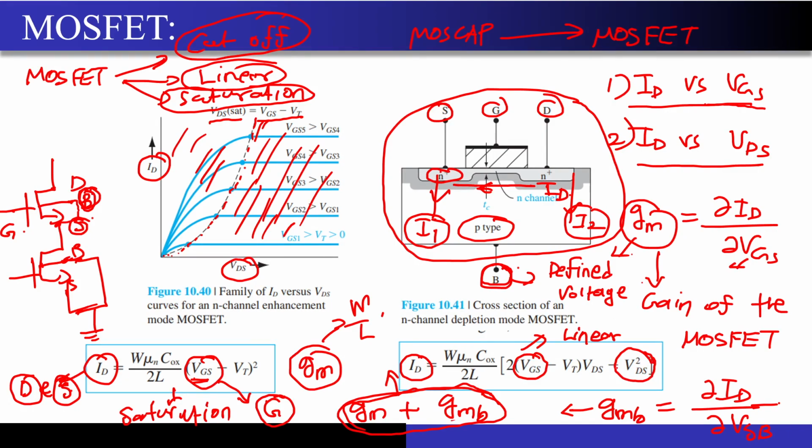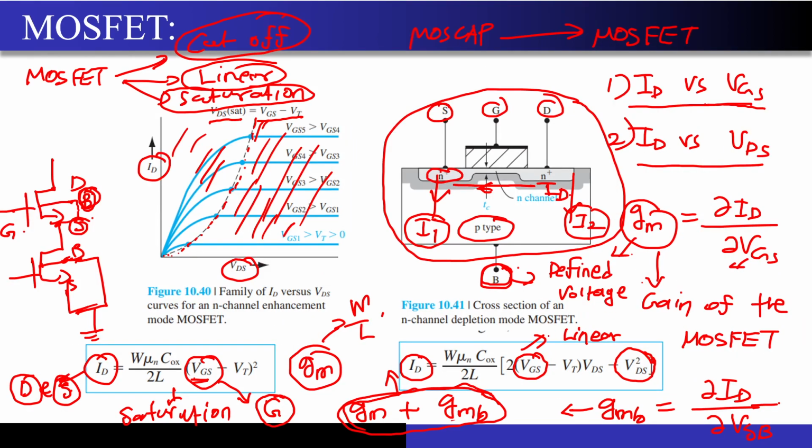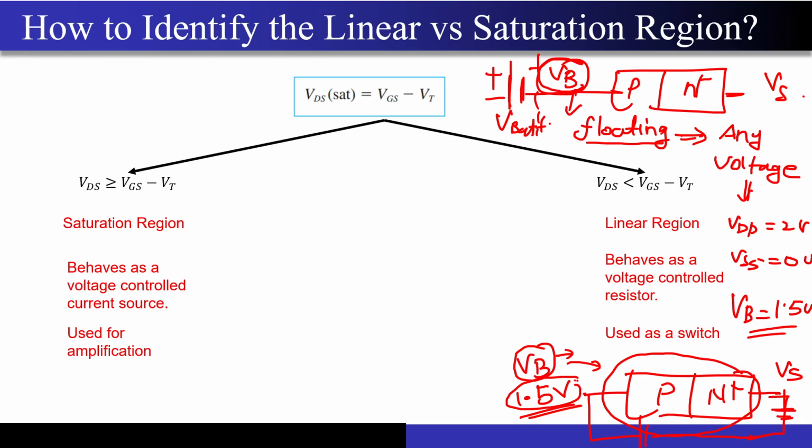If the current between the first two terminals starts depending on the voltage that I am applying between those two terminals, then it is not of use to me. So for amplification purposes we never use the transistor in the linear region, we always keep it in the saturation region. I hope it is clear till this point. I have further slides regarding the saturation region, but we will go there as our lecture progresses.